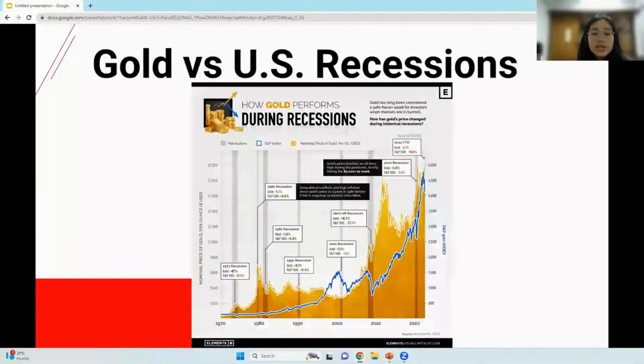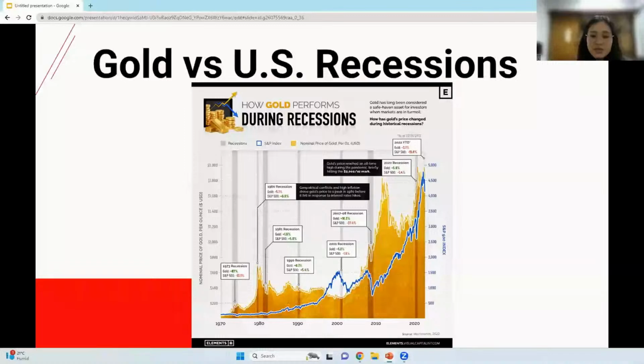Next, let's talk a bit about how gold is used to hedge against inflation as well as crisis. With people speculating on an upcoming recession, we could be seeing gold being bought a little bit more in recent months, as well as in the coming months.